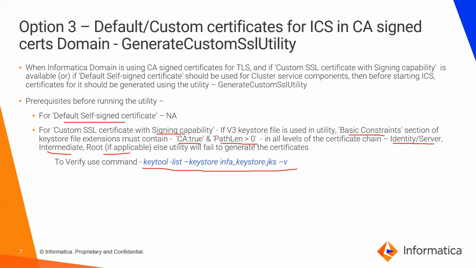If these 2 parameters are not present in any of the hierarchy in the custom SSL certificate, or if these parameters are present but the values are anything other than these 2 values, that means that certificate is not having signing capability, and we cannot use that certificate with the utility to generate the certificate for ICS. Once you have verified, then we can use this utility to generate the certificate for ICS.